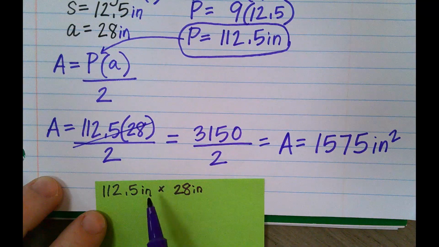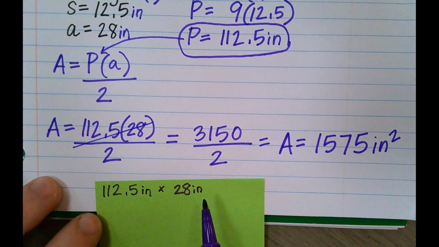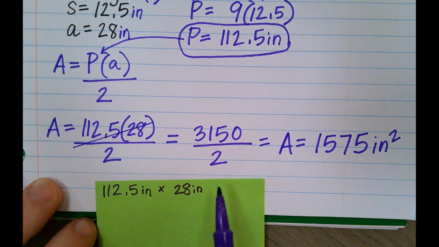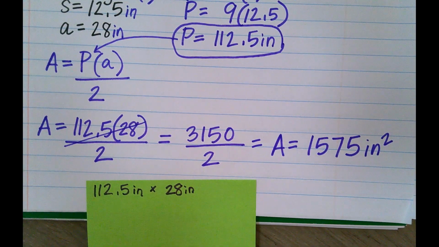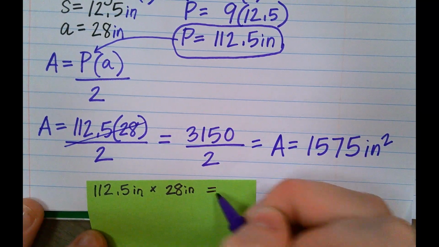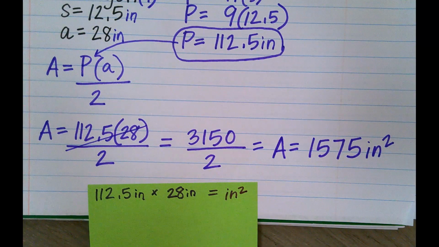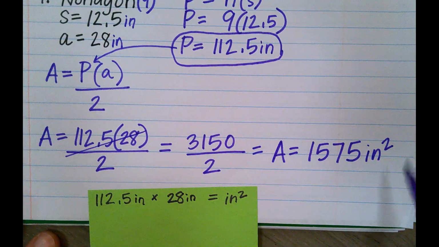It's just like if I do x times x, I get x squared. Inch times inch gives me inch squared. So if you don't want to just memorize that it's inches squared, that's why. You could just memorize it though. That's okay. So that's our perimeter. That's our area.